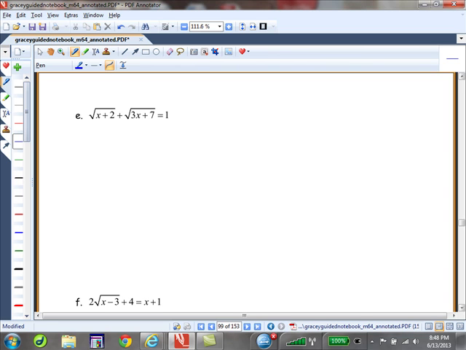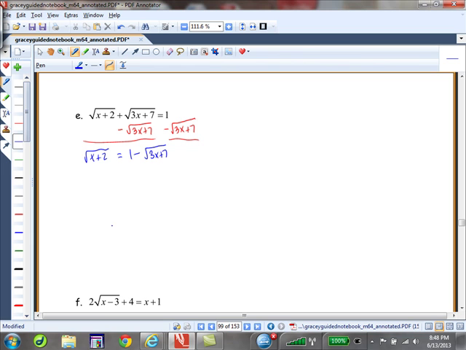We need to move one of these radicals to the other side, right? So might as well just move negative root 3x plus 7. I'm not going to show this on every problem, but I'm doing it for the first problem. So we're going to end up with root x plus 2 is equal to 1 minus the square root of 3x plus 7.